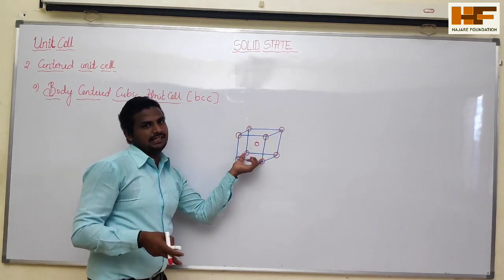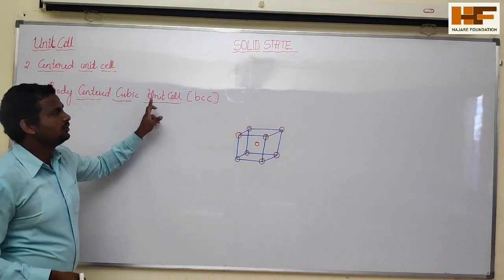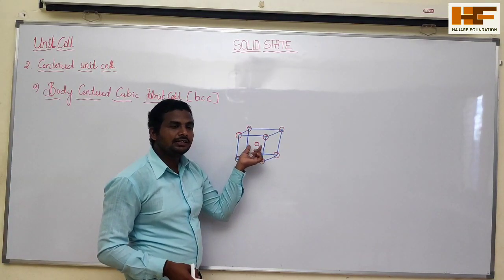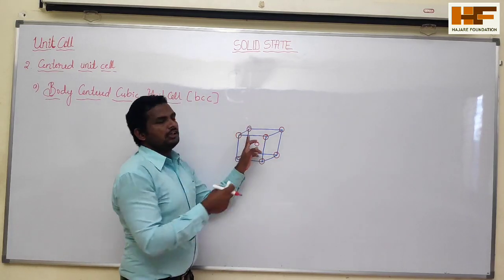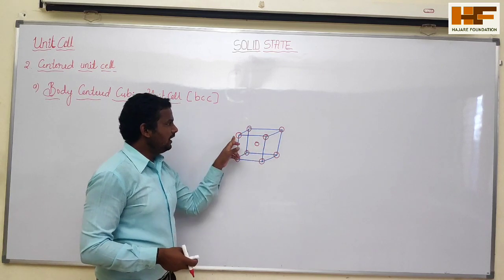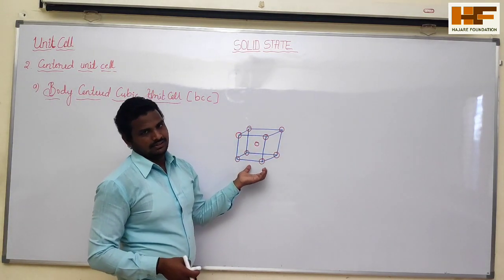So here one constituent particle is completely present in the cubic unit cell, and the remaining are situated at all the corners of the unit cell, right?